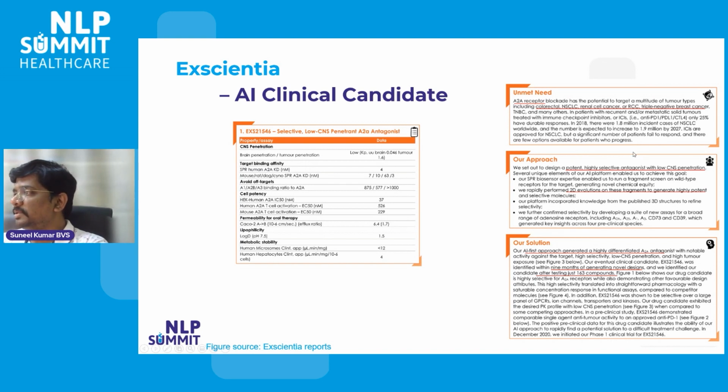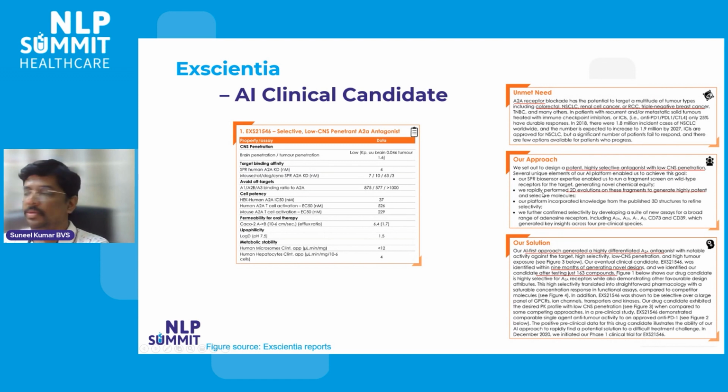If you look at the highlights of this approach, they designed an antagonist for the A2A receptor, which plays a key role in triple negative breast cancer. They set out to identify a potent, highly selective compound against A2A with low CNS penetration.